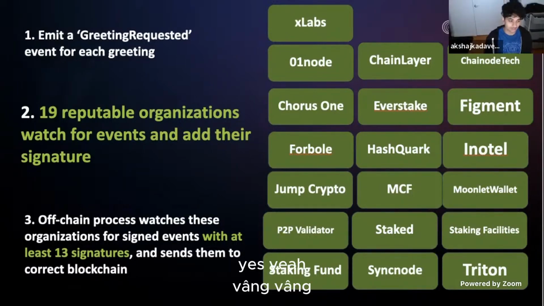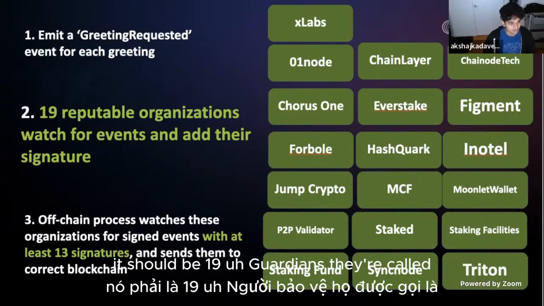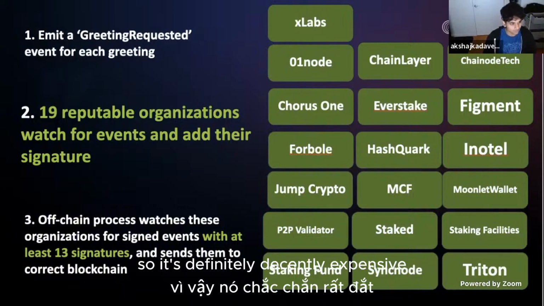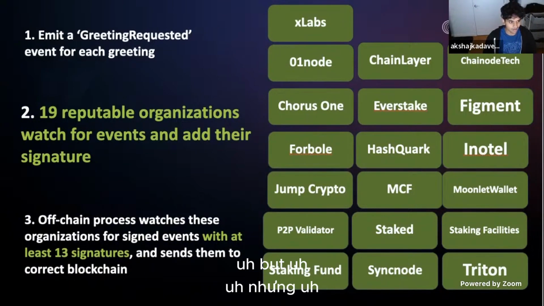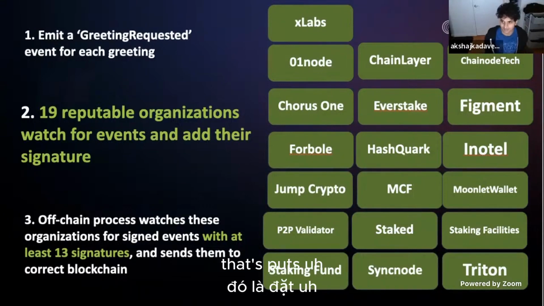Each of these 19 guardians, as they're called, each run full nodes. So it's definitely decently expensive. But that's the cost of running a cross-chain application, I suppose. It's basically like running a node in Ethereum, which is expensive.